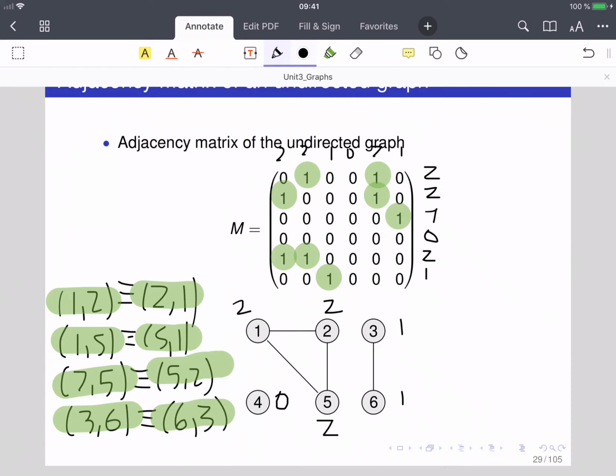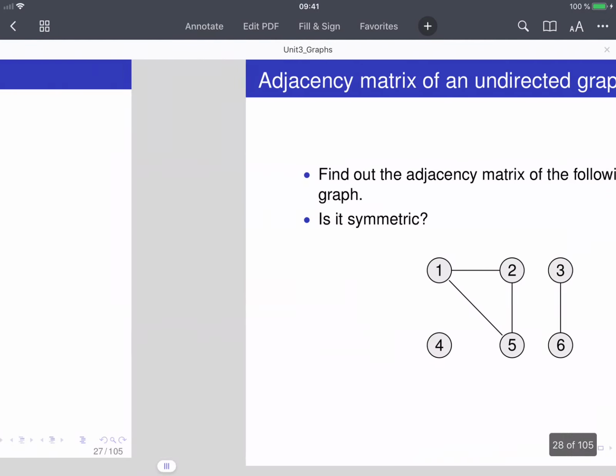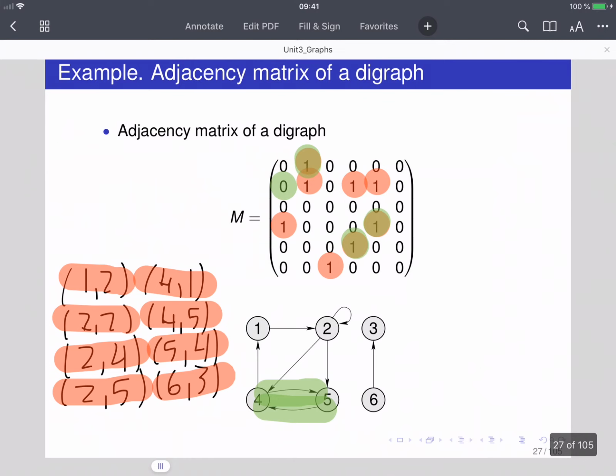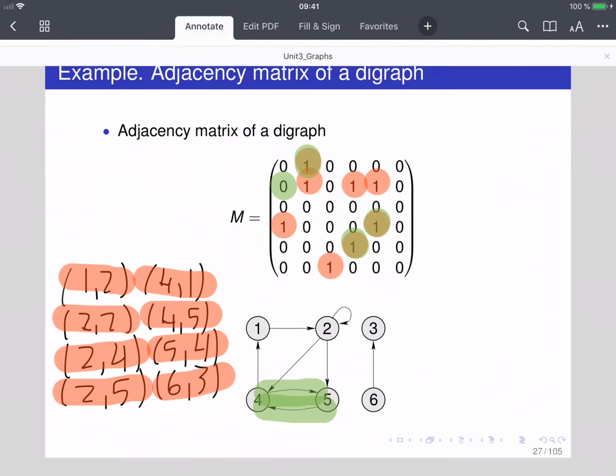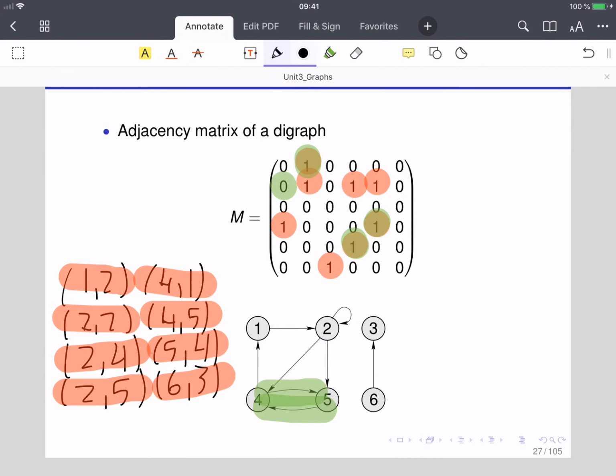Okay, if we go back to the case of the directed graph, then remember that we have two notions. We have the in degree and the out degree. The in degree is the number of edges that arrive at a given vertex, while the out degree is the number of edges that come out of a given vertex.